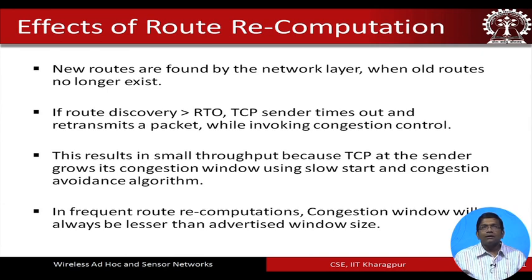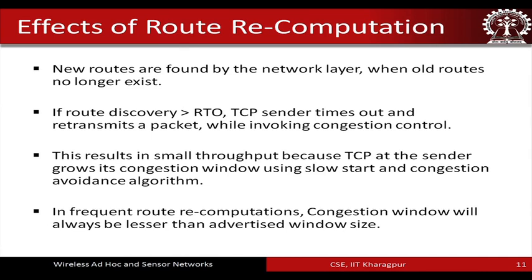If the route discovery time is greater than the retransmission timeout time, the RTO time, then the TCP sender times out and retransmits a packet while invoking the congestion control. This results in small throughput because the TCP at the sender grows its congestion window without using the slow start mechanism, that means additive increase, multiplicative decrease, and the congestion avoidance algorithm.